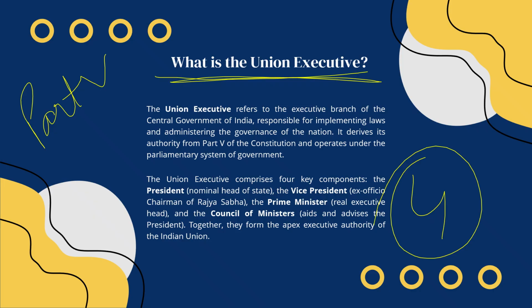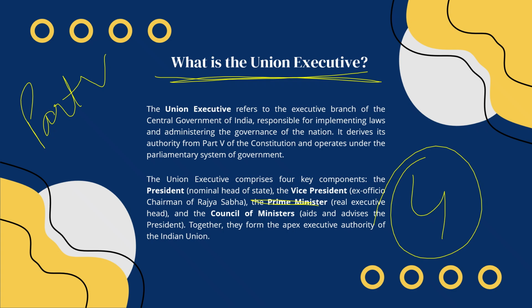The President is the nominal head of the state, meaning that all the executive actions are taken in the name of the President. Vice President is the ex officio chairman of the Rajya Sabha. Prime Minister is the most important. He is the real executive head, and actual power lies with the Prime Minister. And the Council of Ministers, these are the ministers who help and advise the Prime Minister as well as the President.